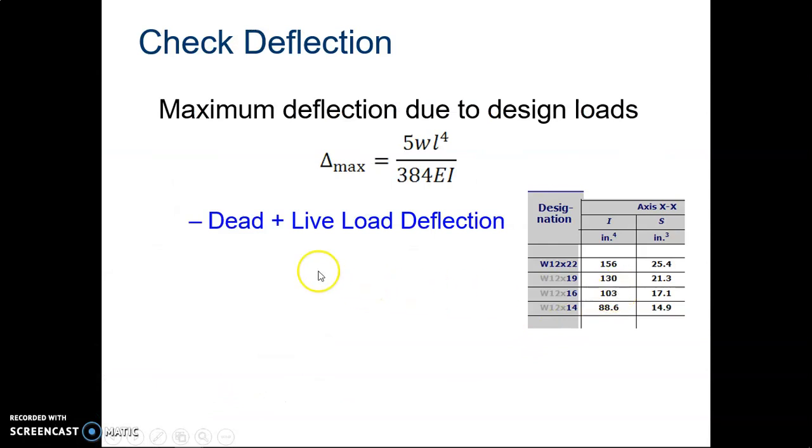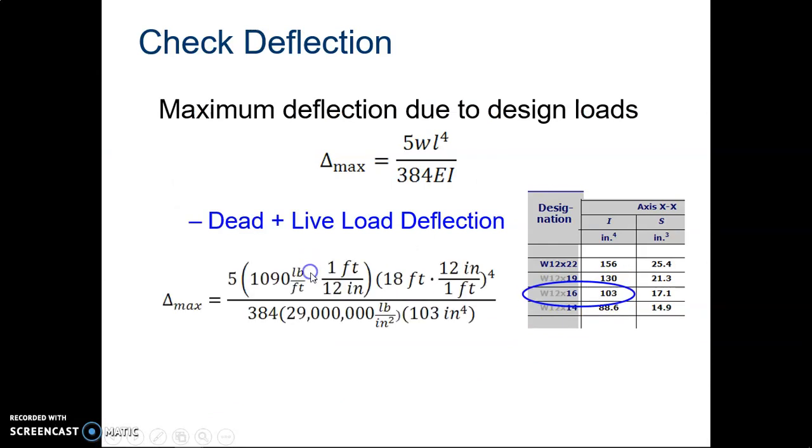So I'm going to use the formula and realize that W is dead and live. So I'm going to add the dead and the live W's, which was 1,090 total. And this is not easy to put into your calculator. But we have 5 times the W. Make sure that we're in inches. Notice how the W would be given in feet.